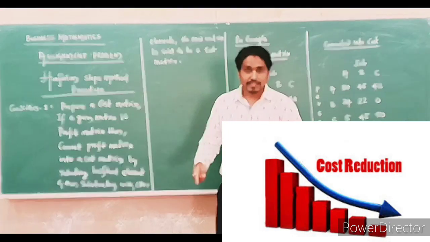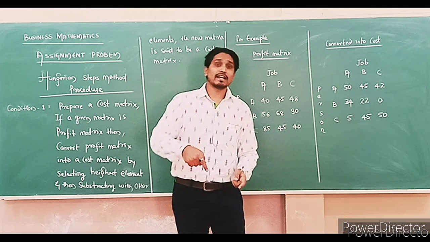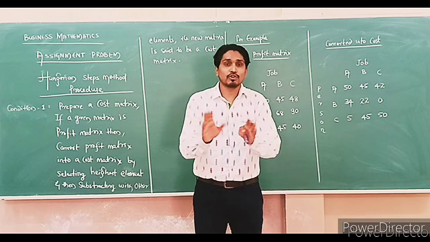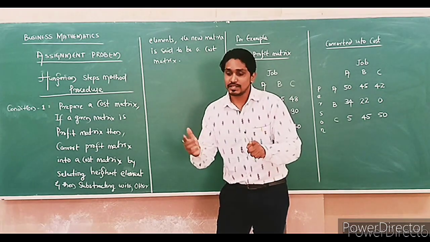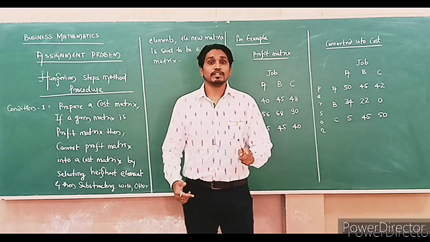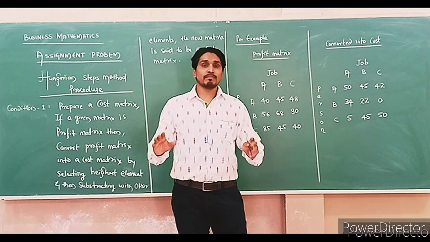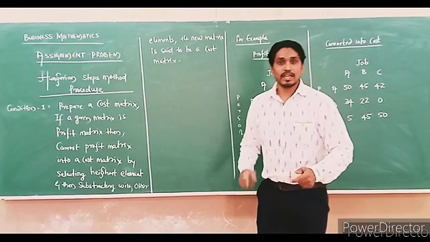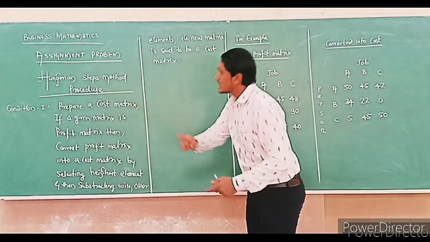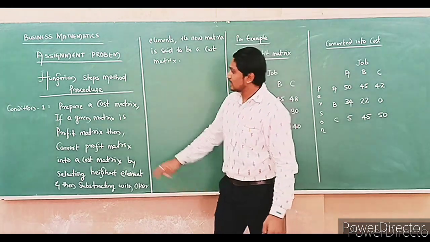So our matrix should be a cost matrix. If it is a profit matrix, we cannot proceed with the Hungarian Method Procedure because it reduces the profit. Ultimately, our objective is not to reduce or deduct profit. Hence, condition number 1 says we have to prepare a cost matrix.